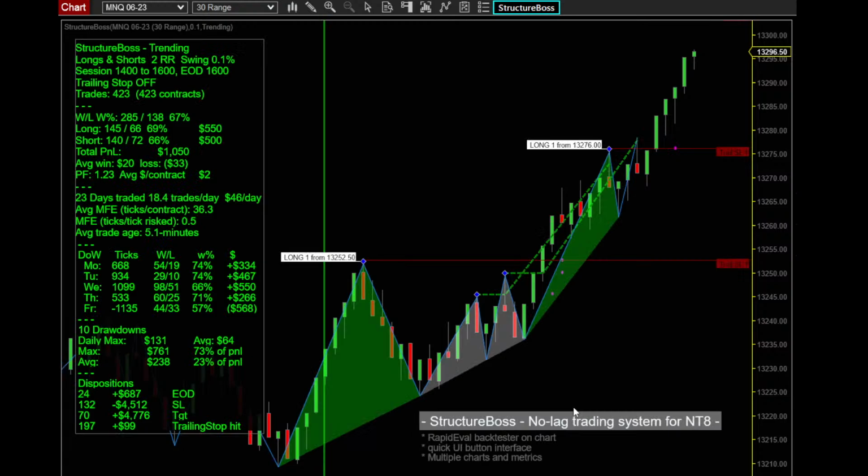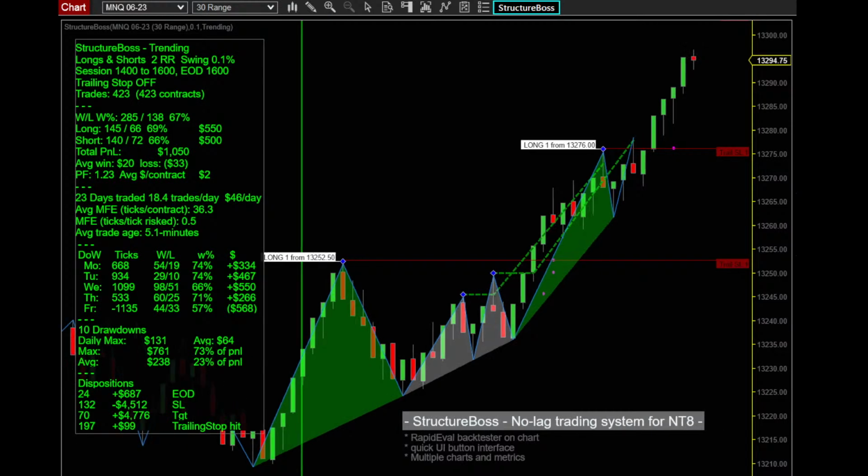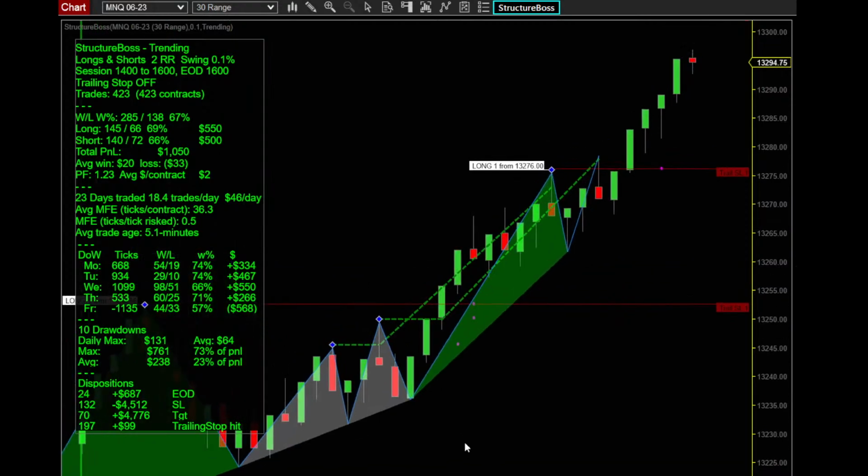So now this is just with the break even stop engaged. The break even stop comes into play when the price bars exceed the entry level by 2 bars. This bar and this bar here, the lows of those candles were above the entry line here.